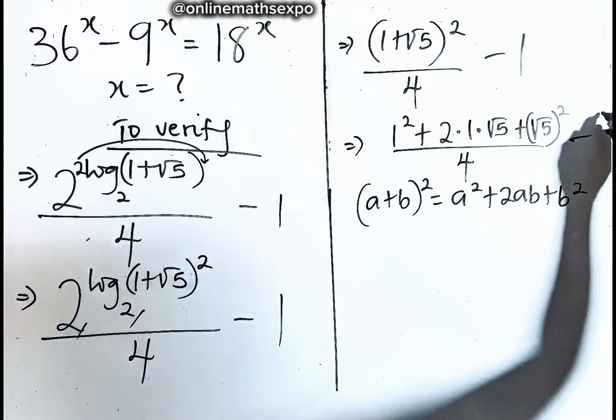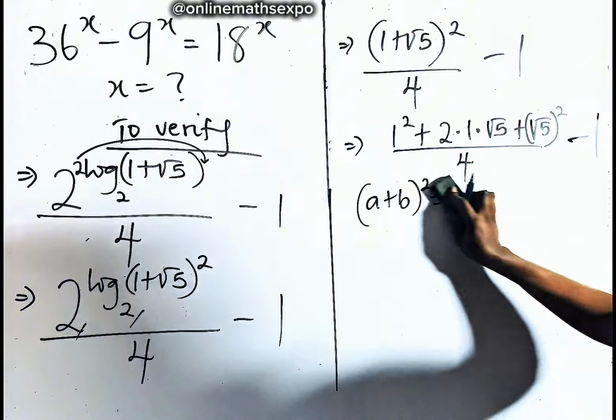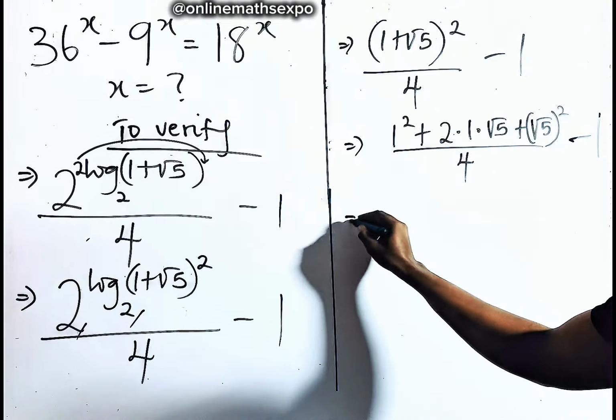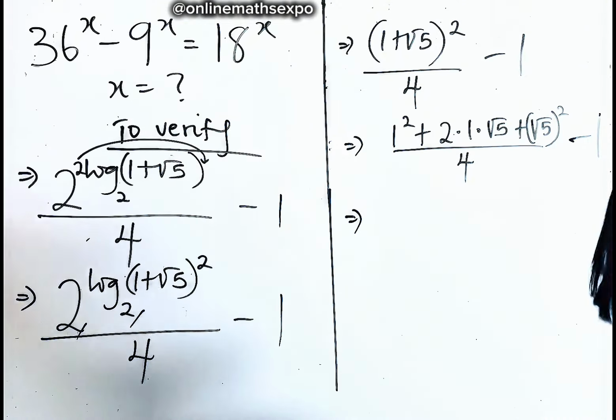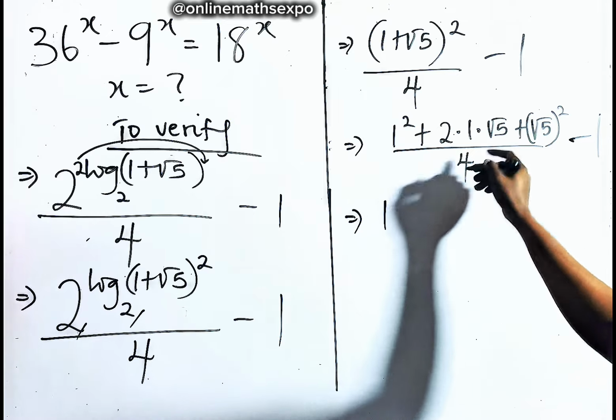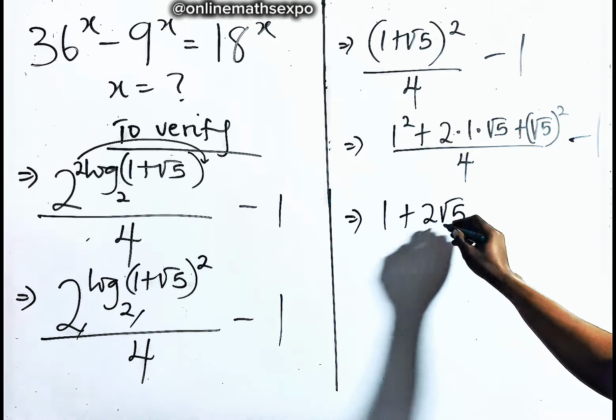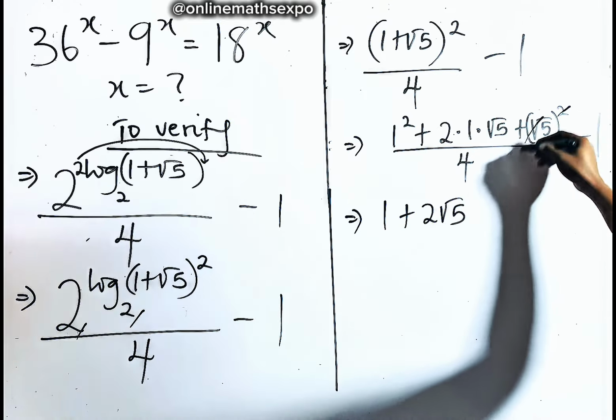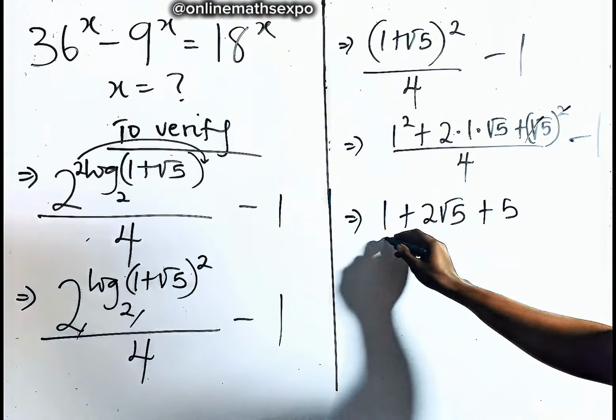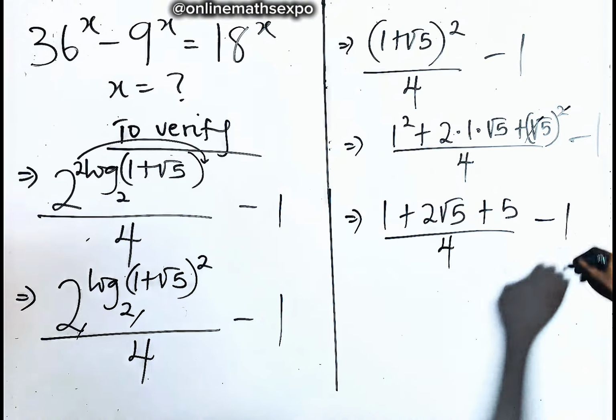Then we have minus 1. So we keep solving, and this gives us 1 squared, which is 1 times 1, which is 1. Multiply this, you have 2 root 5. The square will cancel the square root. We have 5 divided by 4, minus 1.